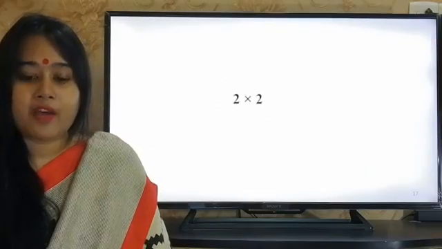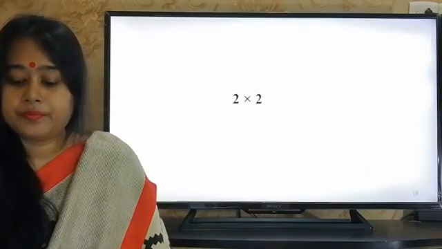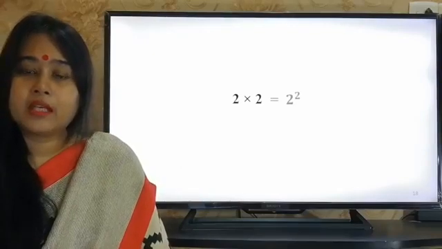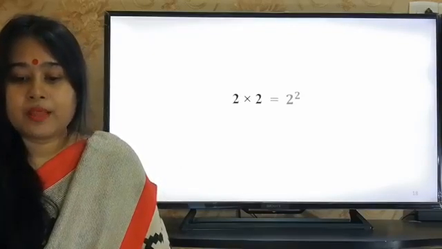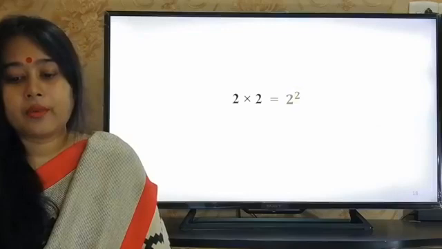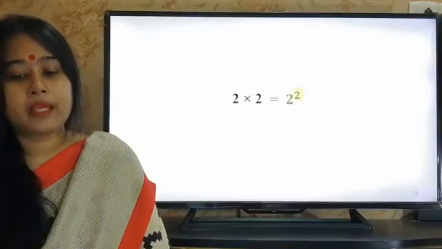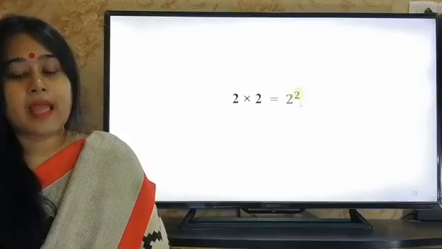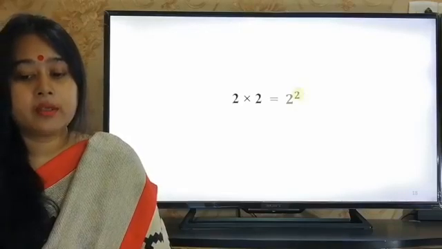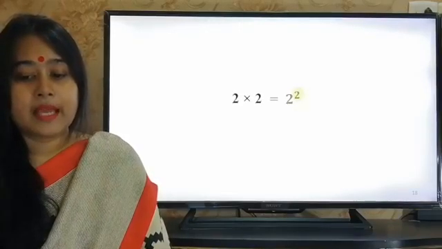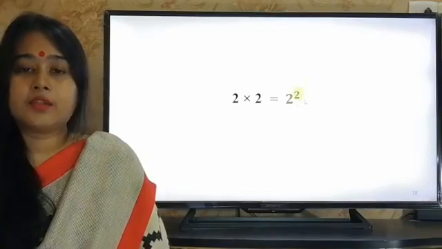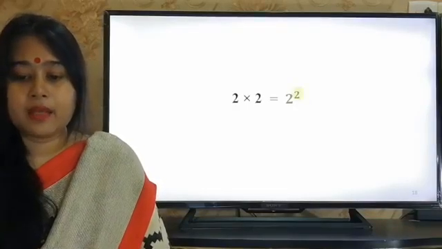So when we have 2 into 2, we are writing 2 to the power 2. This 2, the blinking 2 at the upper right corner of the bigger 2, is written in a smaller size than the bigger one.